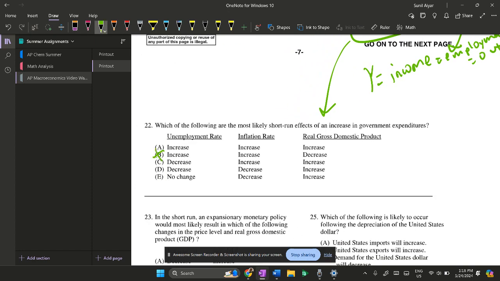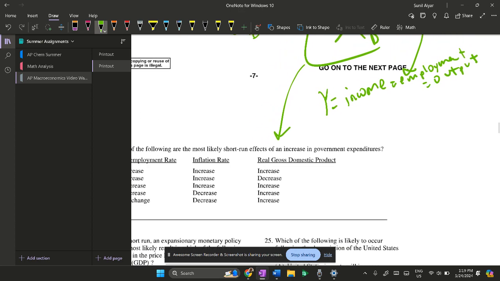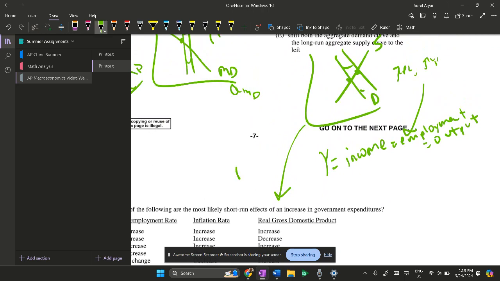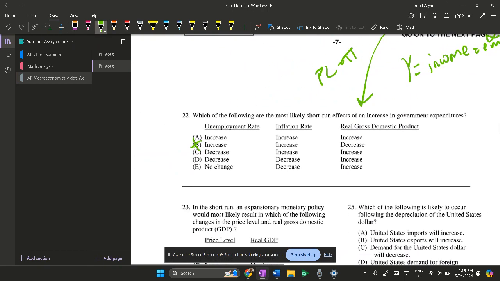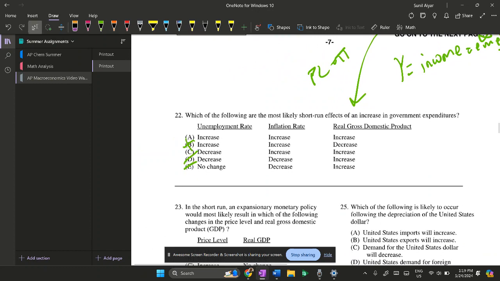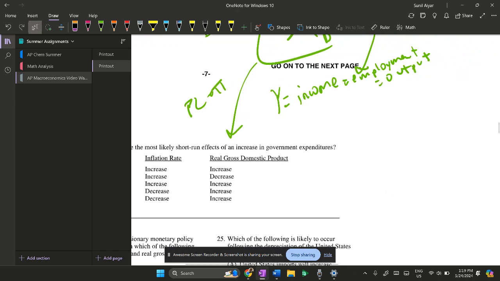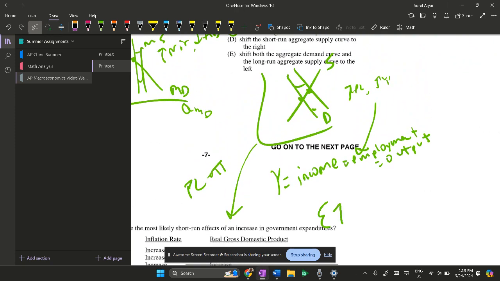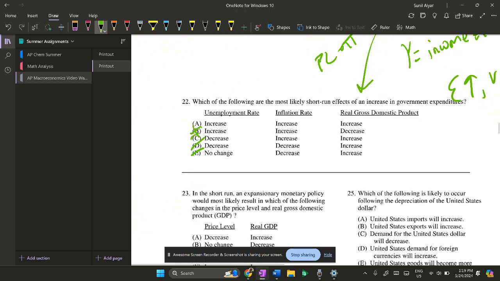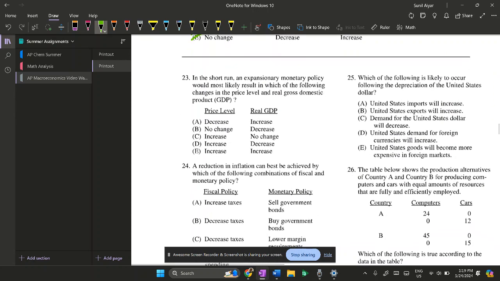So we can only cross off one there. I'm going backwards because I try to play the test out and sort of game it, but sometimes it doesn't work. Inflation rate: PL equals the inflation rate. It increased, so we can cross out this and this, and we're left with A and C. Unemployment rate is the opposite of employment. So if employment went up, unemployment went down. So 22 is going to be C.